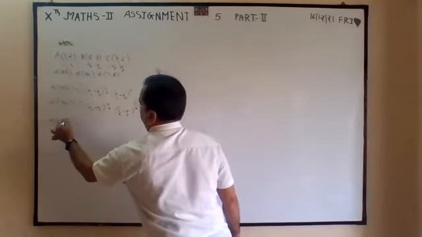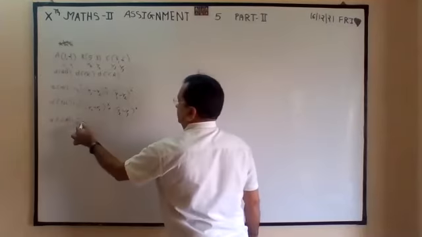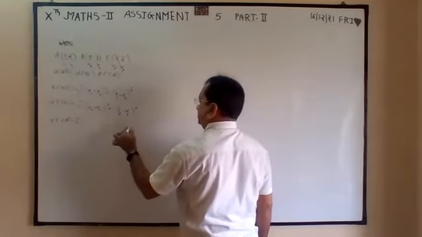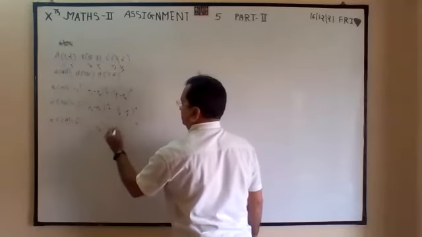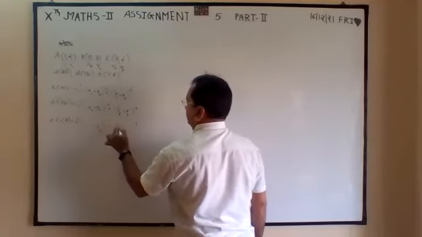Distance AB, BC, CA. So that is A to C, we can take 1 minus 3.